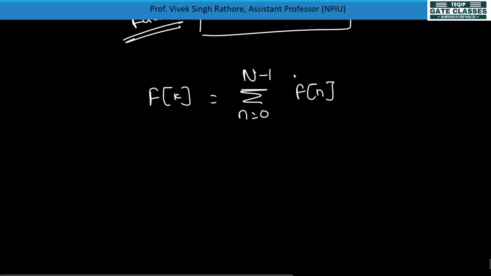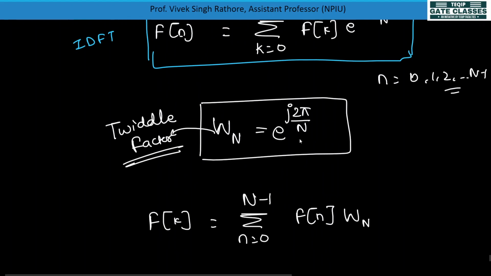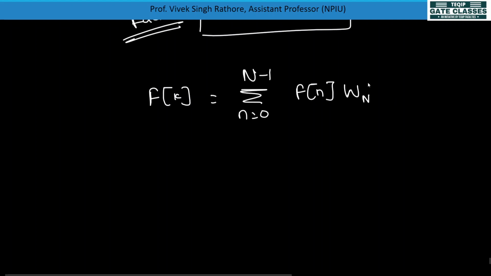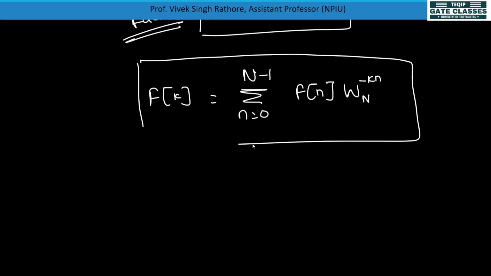We'll write here W n to the power minus kn, where W n represents e to the power j 2 pi by n. So this is also the formula for DFT value calculation, where W n is nothing but e to the power j 2 pi by n. That is called the twiddle factor.